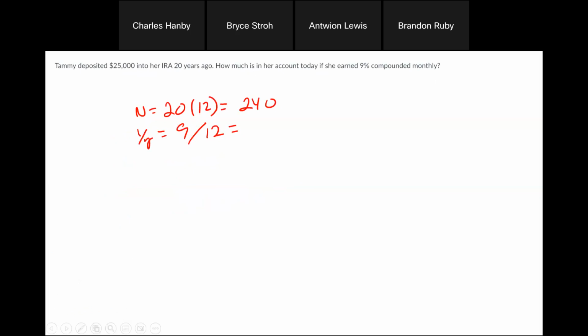Or semi-annual would be 2. So that'd be 0.75% per month. So the PV is the $25,000. And then there aren't any payments.